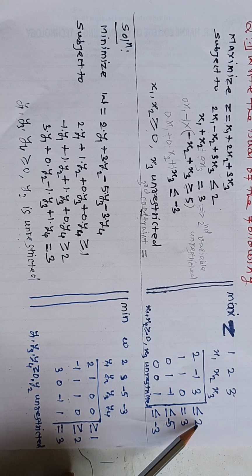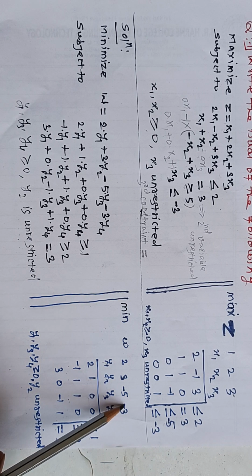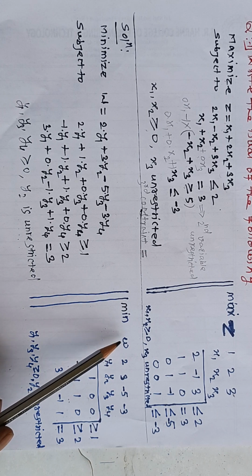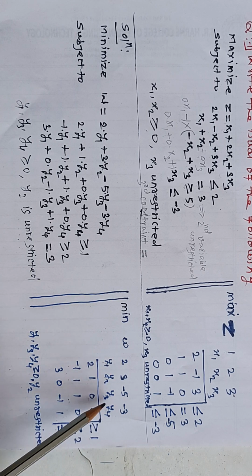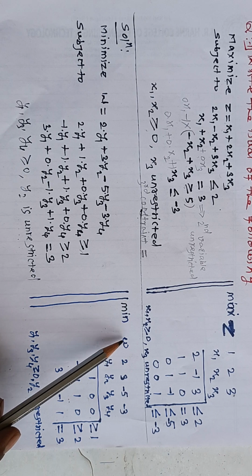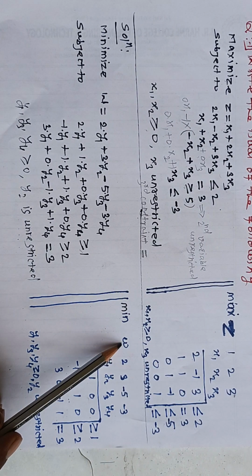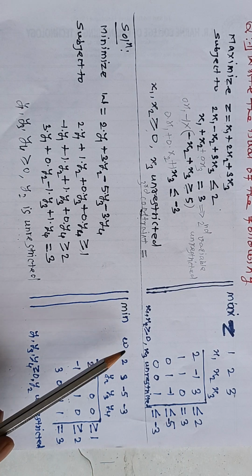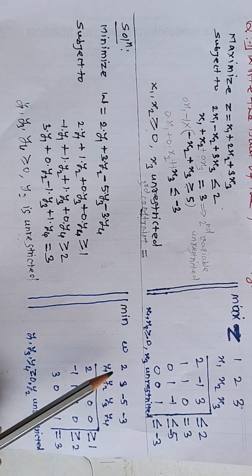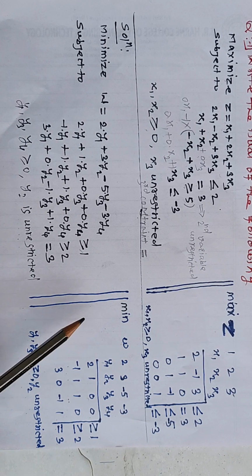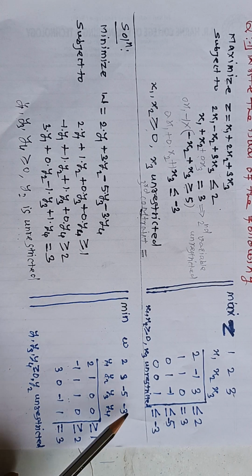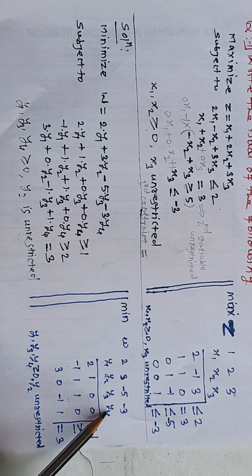First of all, these constant terms appearing on the right-hand side are put here, which are the coefficients of the new variables y1, y2, y3, y4 in the objective function, a minimization type objective function with new variable w. So w is equal to 2y1 plus 3y2 minus 5y3 minus 3y4.